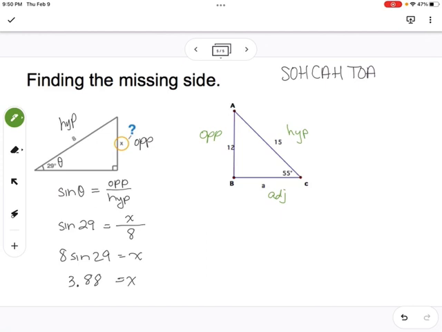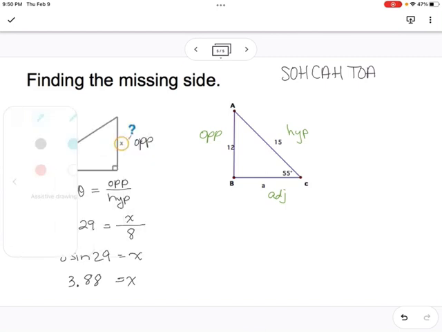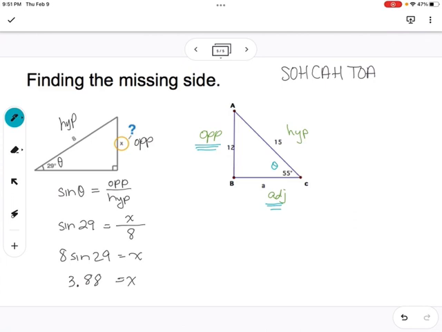So looking at the first one, I'm going to use, let me change colors here. We need to use our angle theta. The first one, I'm going to use the opposite side and find the adjacent. So if I have opposite and adjacent, if we look at sohcahtoa, that means we need to be using tan.